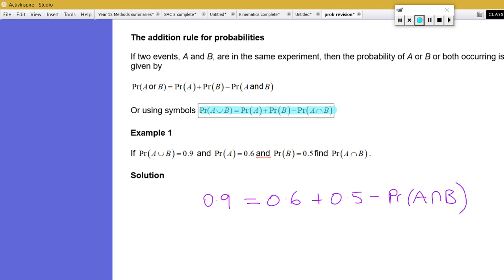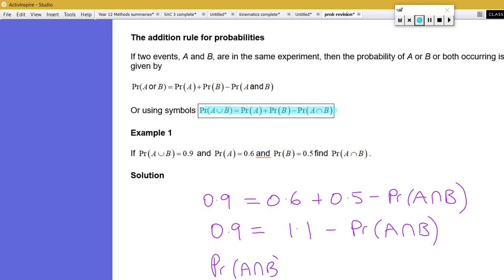So we can see that if the probabilities of A and B add to 1.1, we've got way too much here because together the union only equals 0.9, so we've got an overlap of 0.2. Therefore, the probability of A intersection B is equal to 0.2.